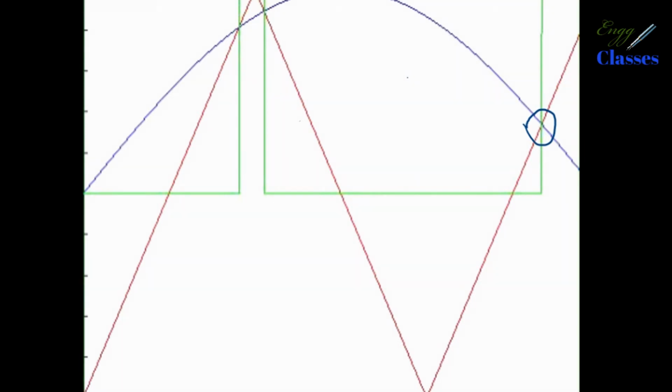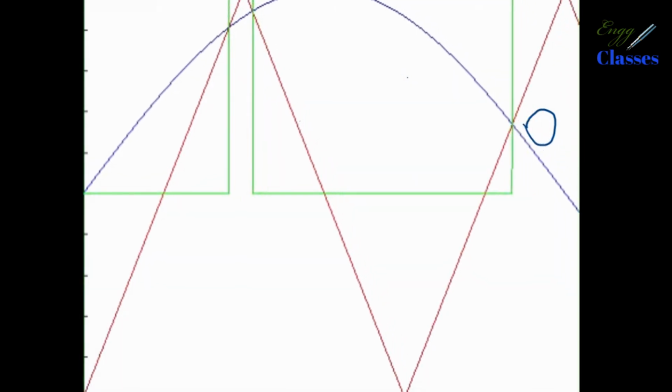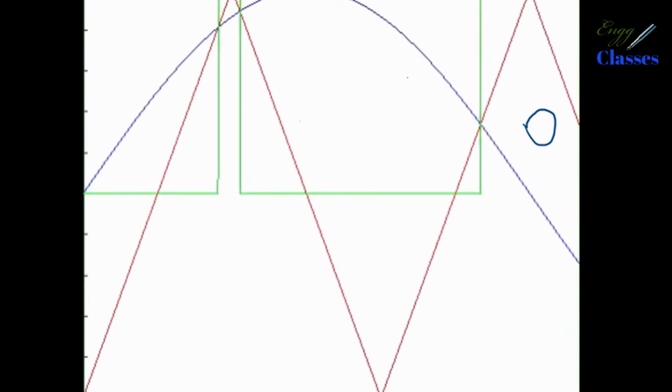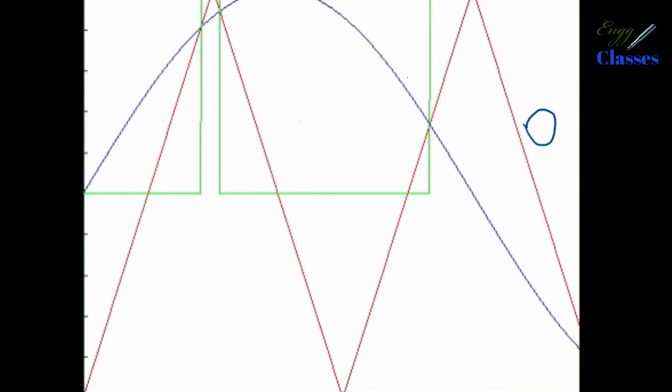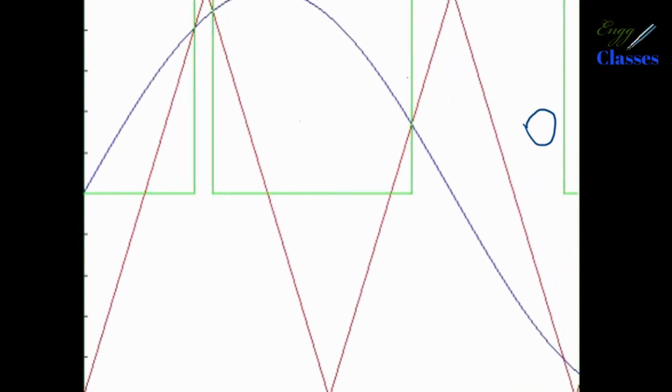As time goes on, we reach another instant where these two values are equal. Again at this time instant, these two values are equal, and the amplitude of the carrier signal is falling below the amplitude of the modulating signal.